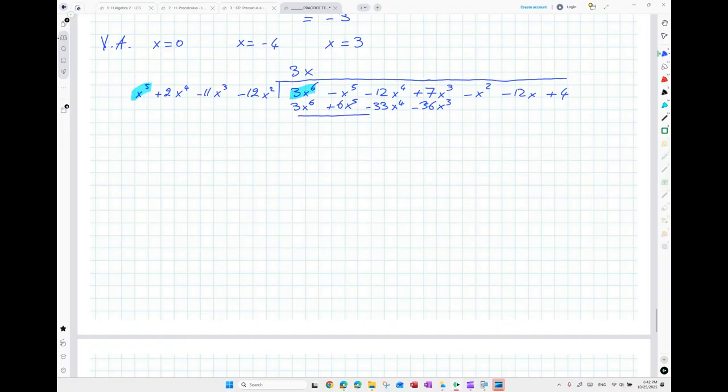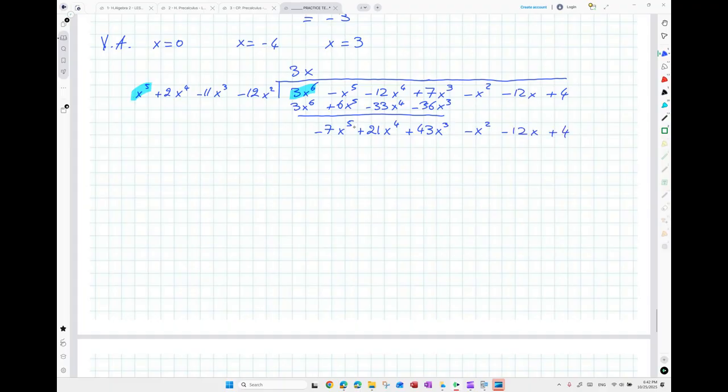I subtract, and I will have negative 7x to the 5th, and I would have positive 21x to the 4th. And here I would have plus 43x cubed. I would, of course, bring down all the rest.